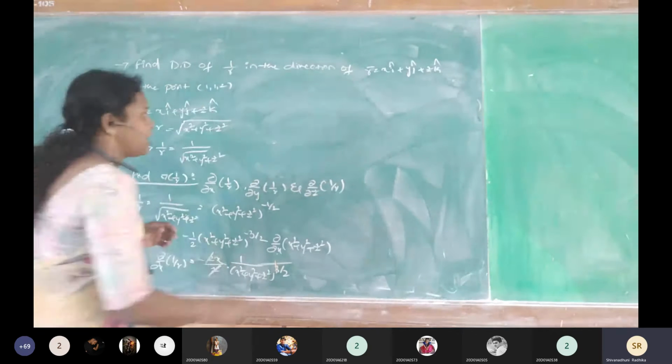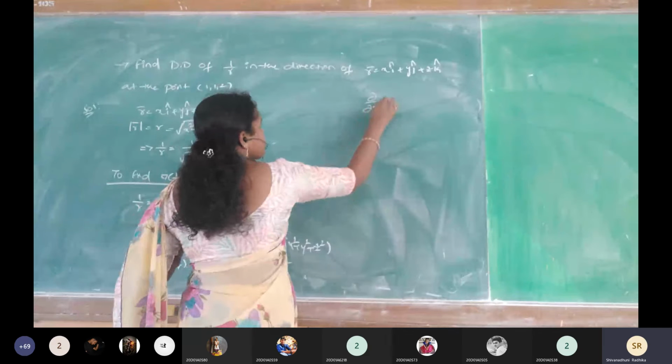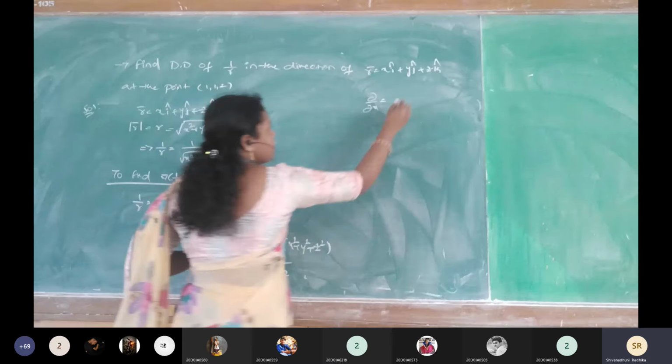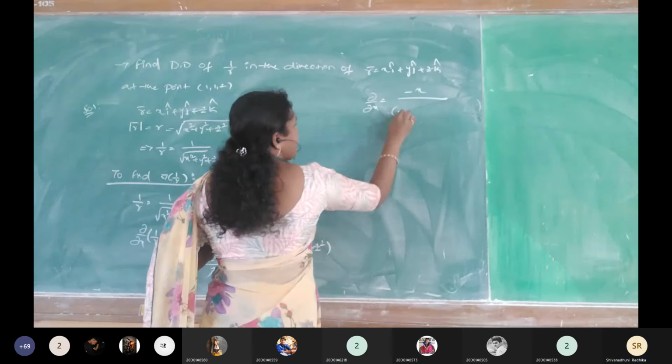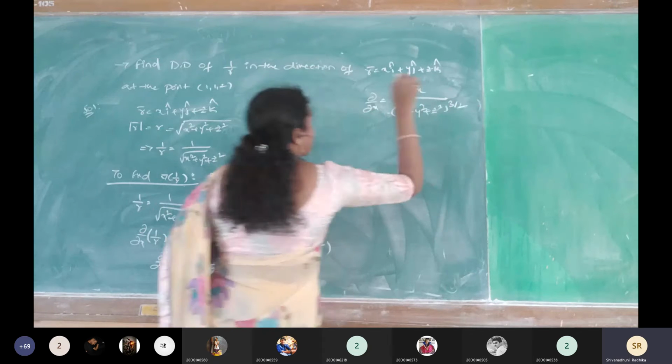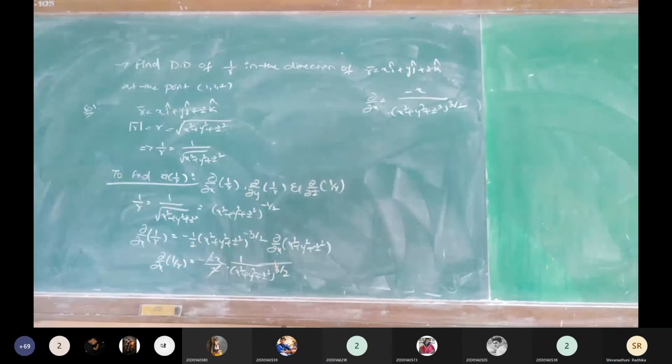Again 2 gets cancelled, del by del x, so that's what here minus x by x square plus y square plus z square power 3 by 2. Up to here any doubts?